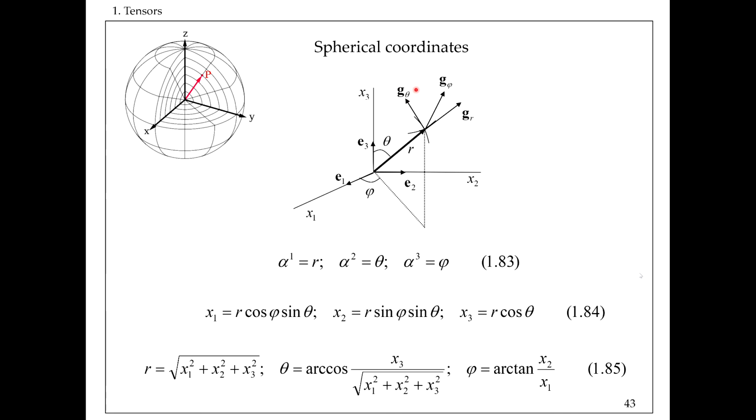The definition for them is still the same. We just need to use the relationship between the components in Cartesian coordinates and in spherical coordinates to define them. But the relation for the covariant basis or contravariant basis is the same.